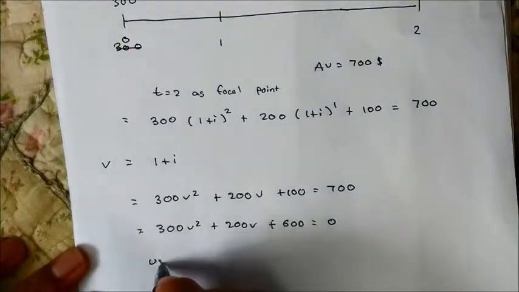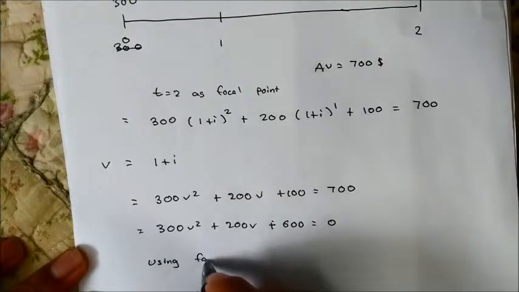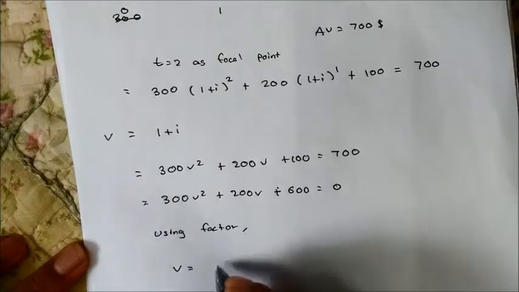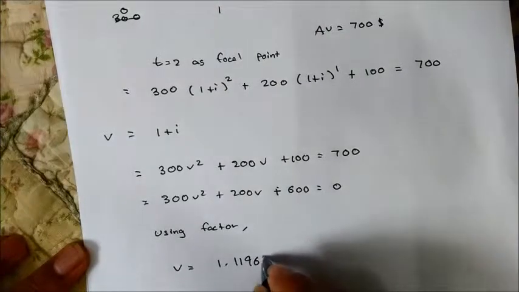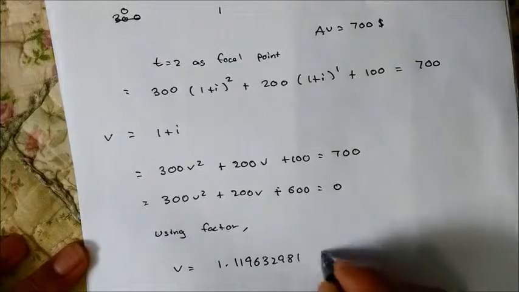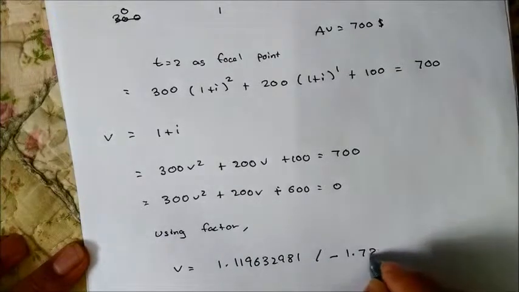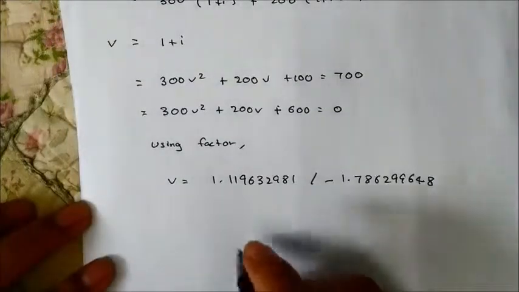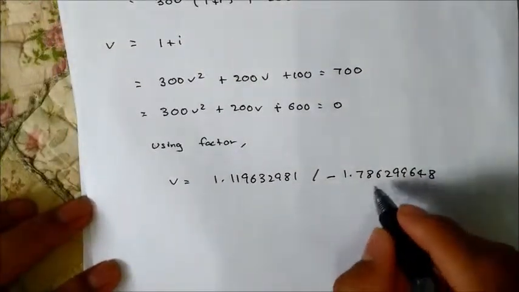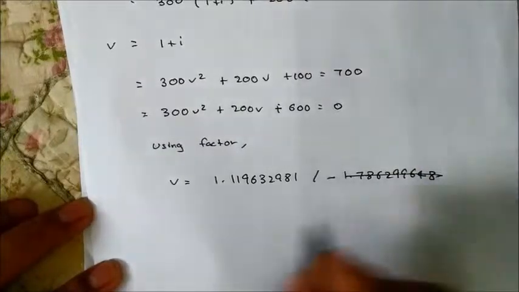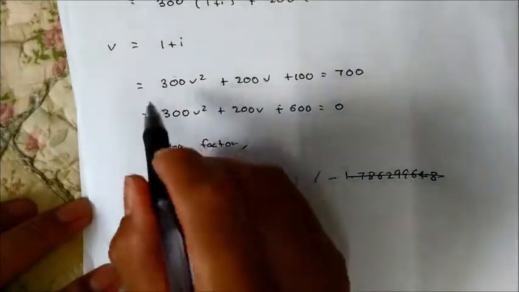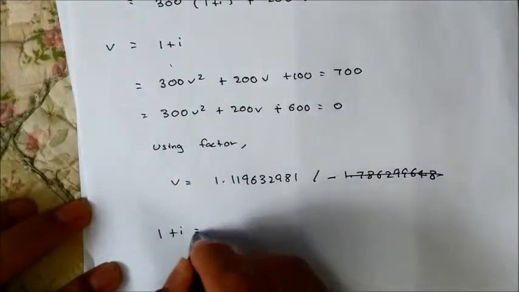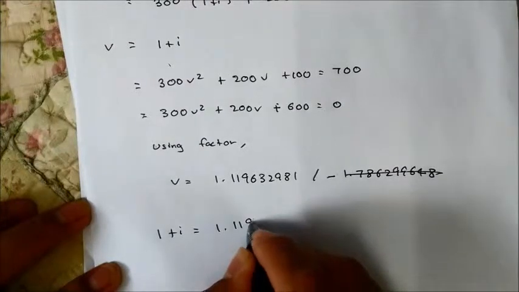So using factorization, we will get v equal to 1.119632981, or negative 1.7862999648. We can reject the negative value. Alright, so remember, we represented v as 1 plus i. Therefore, to find i, we need to minus 1.